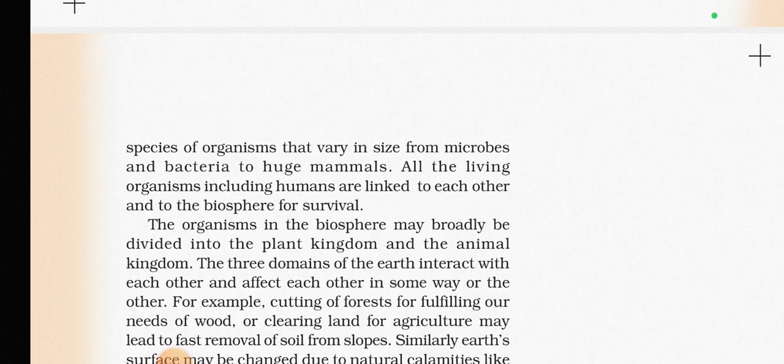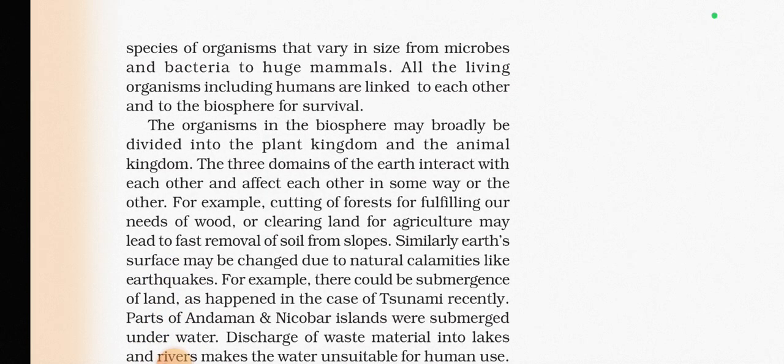The organisms in the biosphere may be broadly divided into the plant kingdom and the animal kingdom. So two kingdoms are there, plant and animal. The three domains of the earth interact with each other and affect each other in some way or other. For example, cutting a forest to fulfil our needs for wood, or clearing land for agriculture, may lead to fast removal of soil from the slopes.